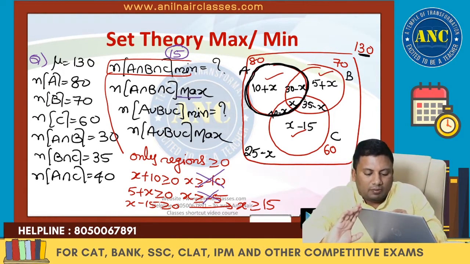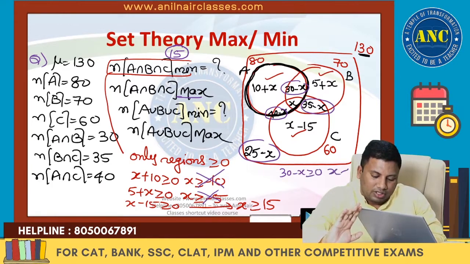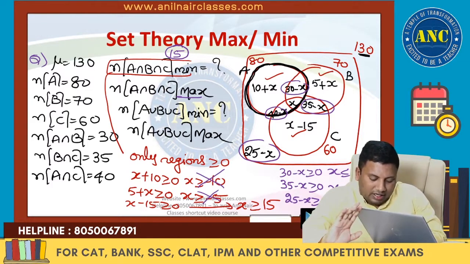Maximum is nothing but other than only regions should be greater than or equivalent to 0. 30 minus x greater than or equivalent to 0, X less than or equivalent to 30. 35 minus x greater than or equivalent to 0, X is less than or equivalent to 35. 25 minus x greater than or equivalent to 0, X is less than or equivalent to 25. 40 minus x greater than or equivalent to 0, X is less than or equivalent to 40.